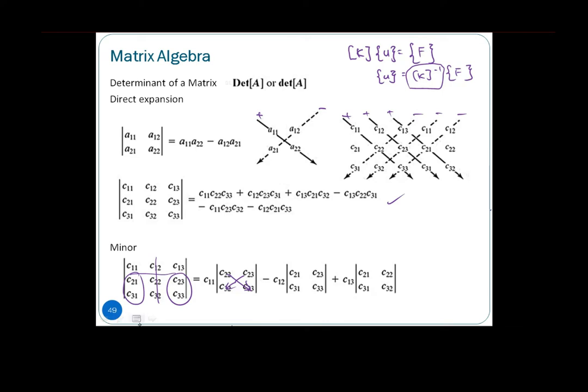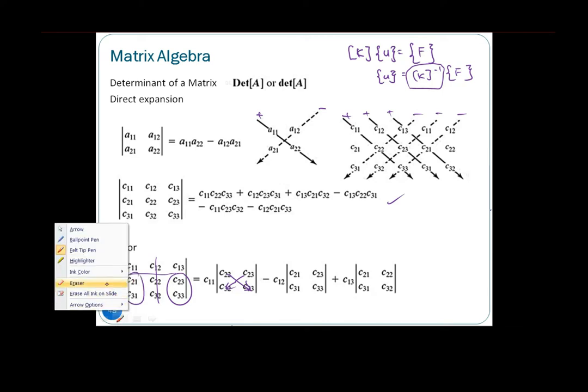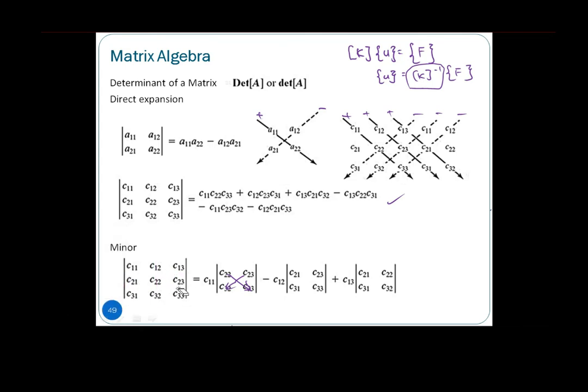So in the case of the third one, then you go back to plus C13. Right, so this is the matrix C21, C31, C22, C32. So again, multiply it, then you will get similar results. So you end up with C11, C22 multiplied with C33 minus C23 C32.